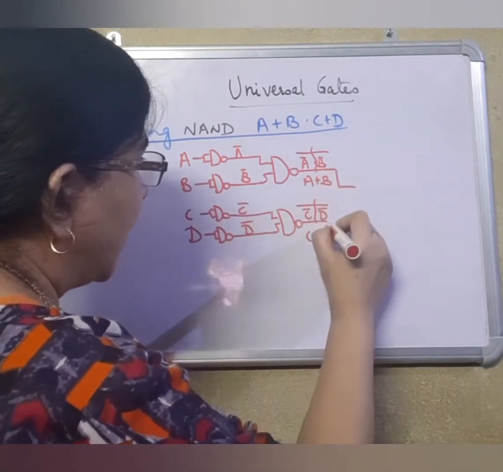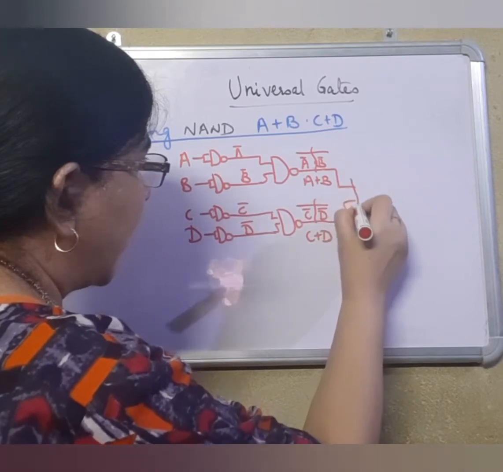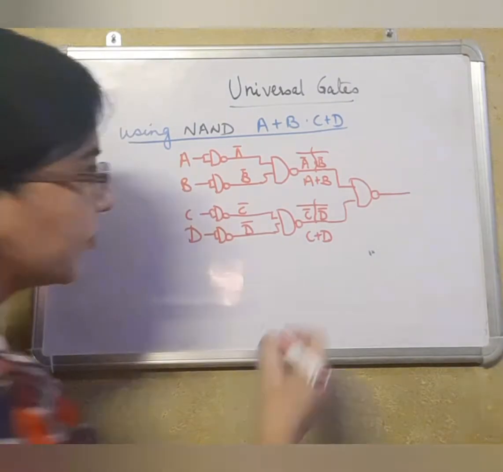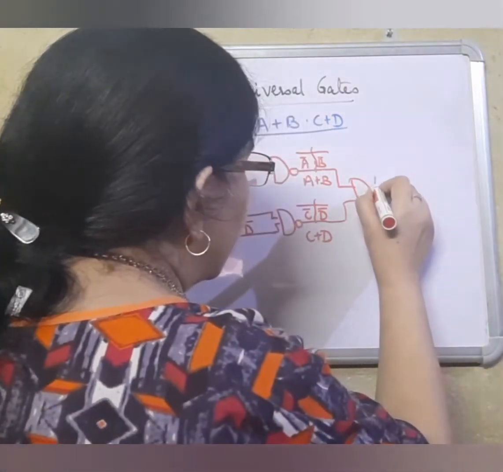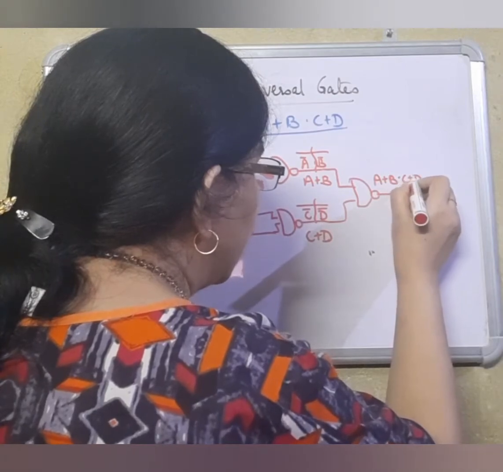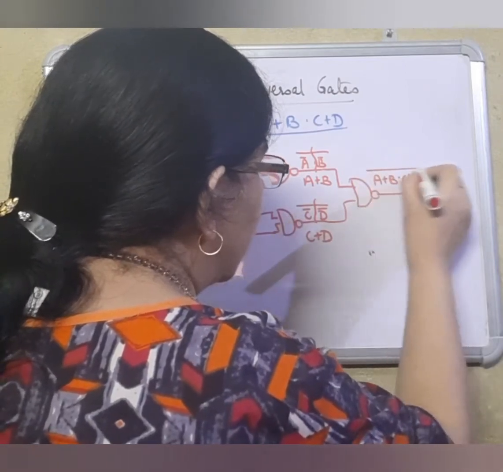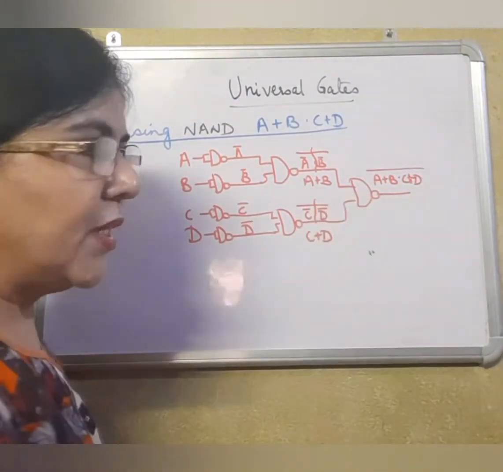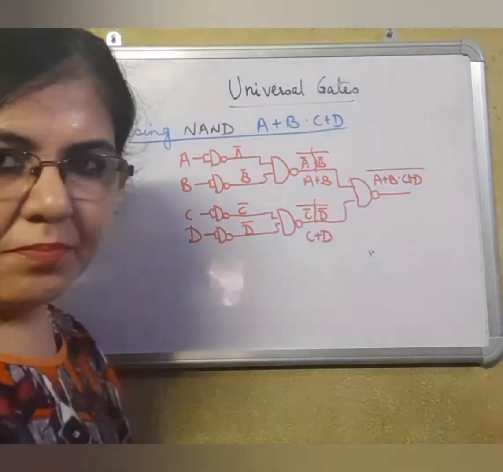Now we'll be joining them with a NAND gate. We cannot use any other gate. So we get here A plus B dot C plus D. The only weakness is it puts a whole bar. So this restricts us from getting the desired output.